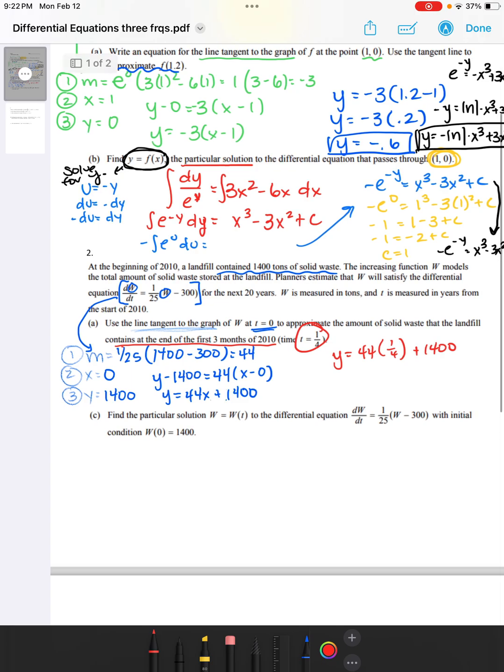So 44 times 1/4 is going to be 11, plus 1,400 to give me an estimate of 1,411 tons.